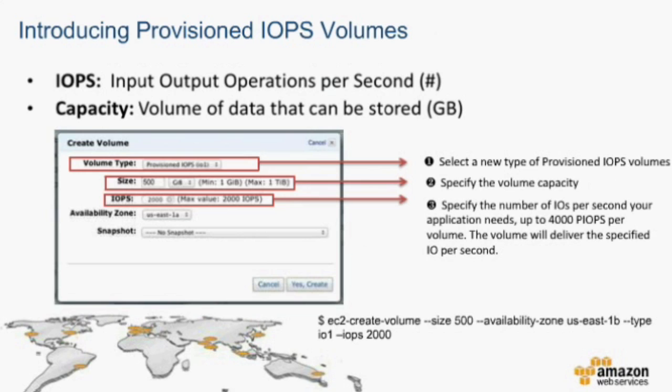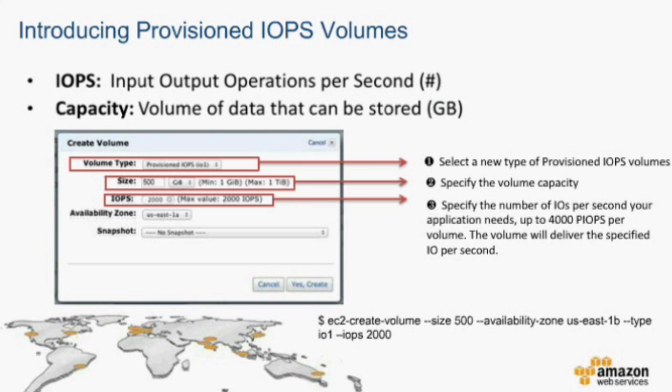And there's an important limitation there where you must have at least 1 gigabyte of storage for every 10 IOPS provisioned. So that means you need to have a 100 gigabyte volume for a 1,000 IOPS drive, or a 400 gigabyte volume for the maximum 4,000 IOPS device.